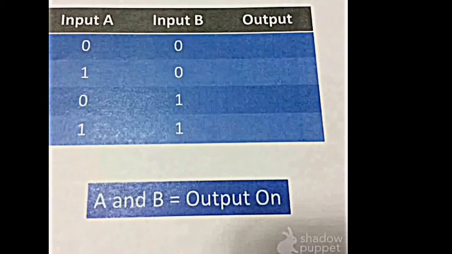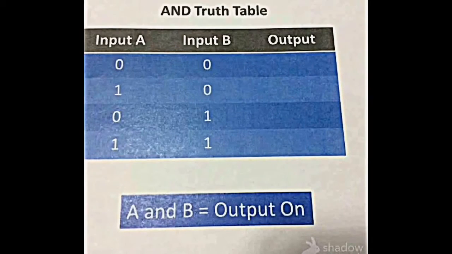Now for the next one. You have an input A of 0 and an input B of 1. So off and on. Pause the video and check. The answer is off, because yet again, both have to be on.